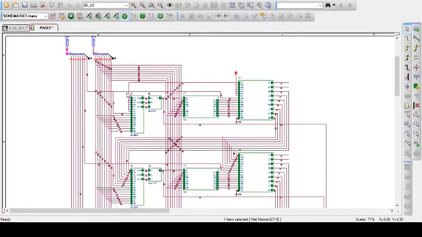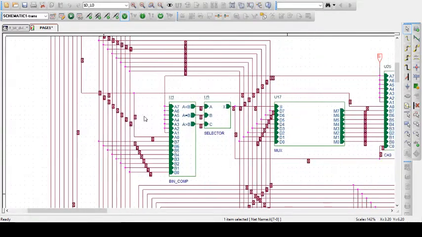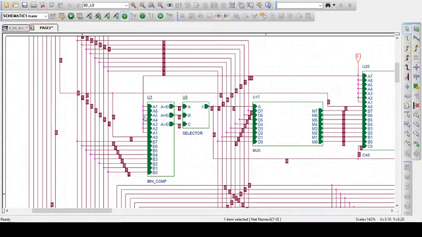And so the way I've chosen to implement that is this first block here is a binary comparator, and there are binary comparators that exist in the 7400 library, but I couldn't get them working the way I needed.